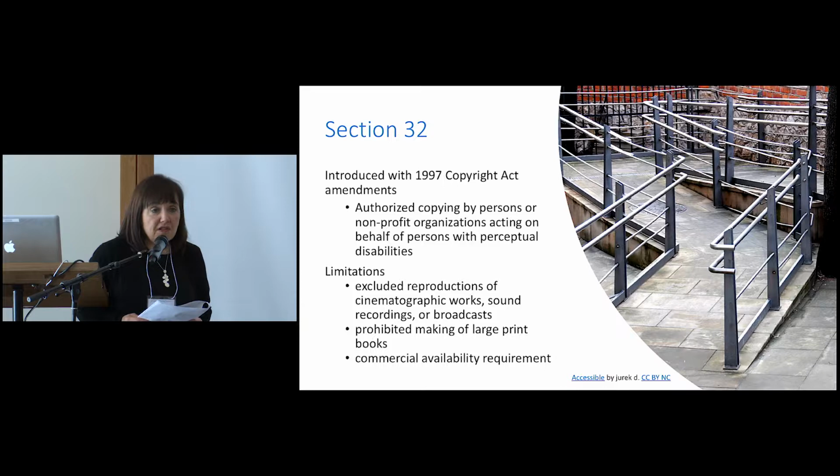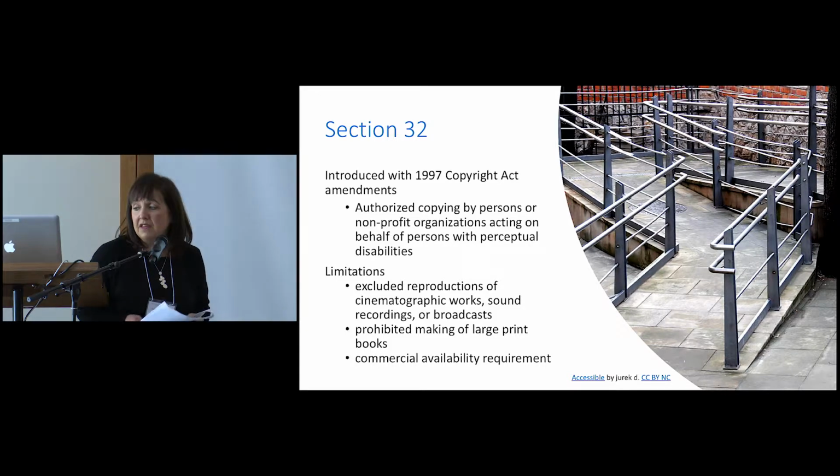It had limitations, some similar to what we have now. It excluded reproductions of cinematographic works, and back then of sound recordings and broadcasts as well. It prohibited the making of large print books, and it, of course, had the commercial availability requirement that we still have in the Act today.